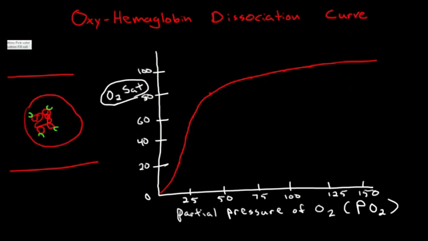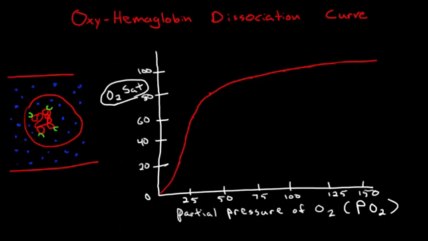Now, this red blood cell is surrounded by oxygen particles, and depending on the concentration of oxygen particles in the blood, the oxygen particles freely dissolve down their concentration gradient through the red blood cell membrane. So the plasma concentration of oxygen particles is going to be very close to the concentration within the cytoplasm of the red blood cell.